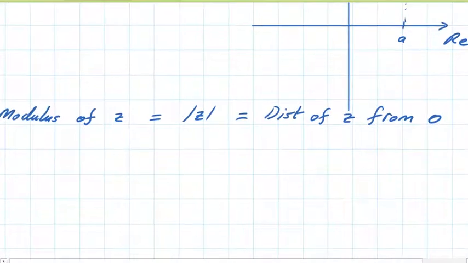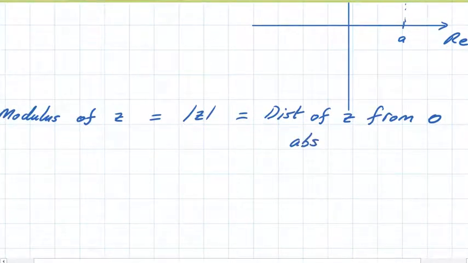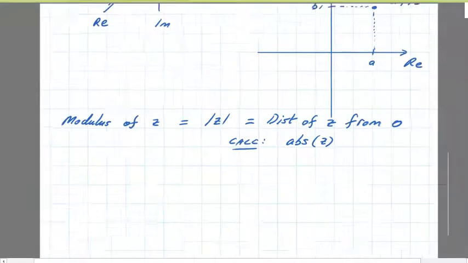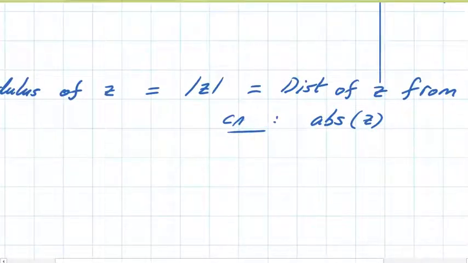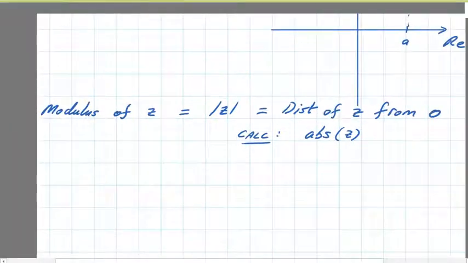On the calculator, there's actually a button for it. It's ABS, the absolute value it's called as well, of whatever the number is. So on the calculator, it's the absolute value of Z.